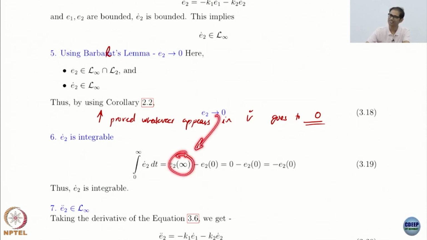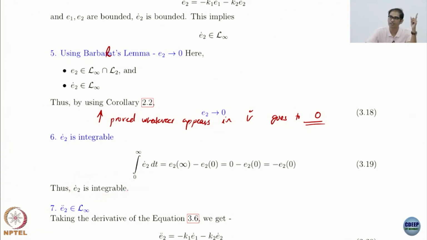But I have proved that it is 0, I am just using an abuse of notation. So this is 0 and this is minus E2 at 0, which is a finite quantity. Obviously, you started with a finite value of the initial state, you could not have started with an infinite value, that would not make sense. So therefore E2 dot is integrable.